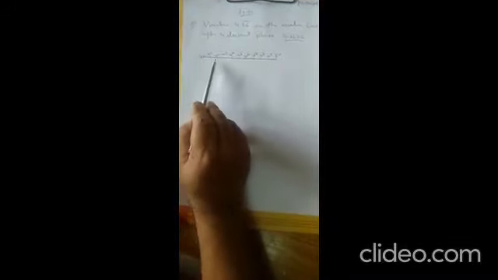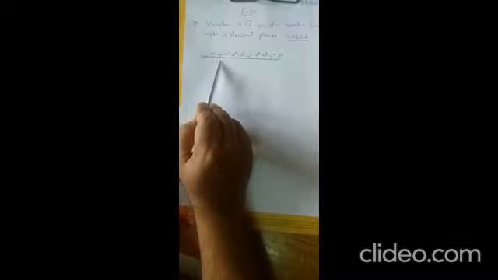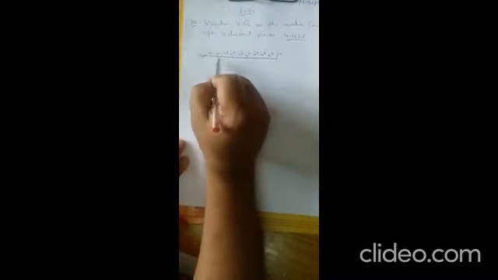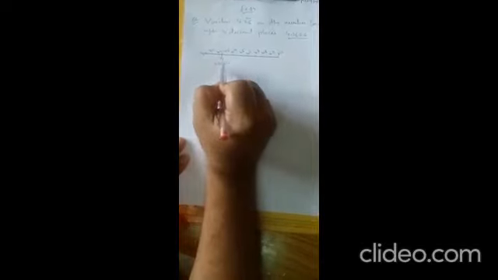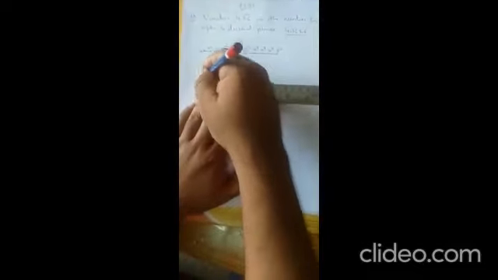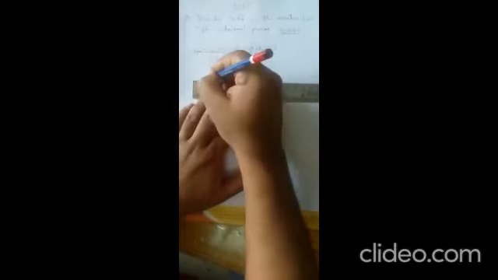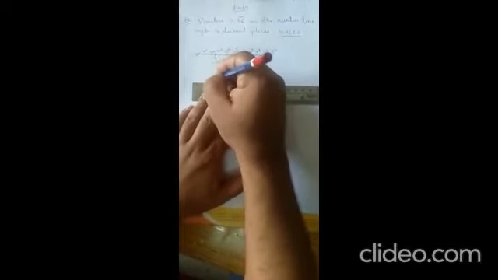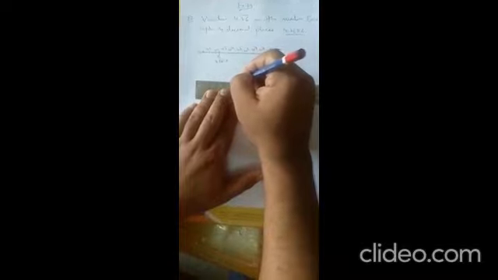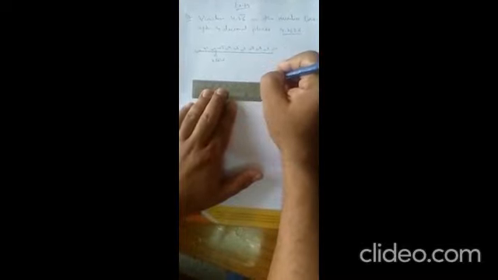Now see here, the number 4.2626 comes between 4.2 and 4.3. Here it comes. So we draw a line segment of 10 centimeter and start with 4.2. Draw a line segment of 10 centimeter and divide into 10 parts. 1, 2, 3, 4, 5, 6, 7, 8, 9, 10.